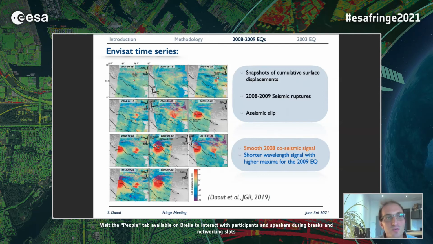We don't have the 2003 earthquake because the data start after it, but we see in the 2003 earthquake area a slow increase of surface displacement not associated with any seismicity that we analyze later as post-seismic signal.